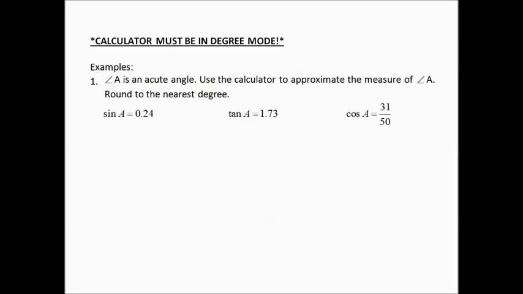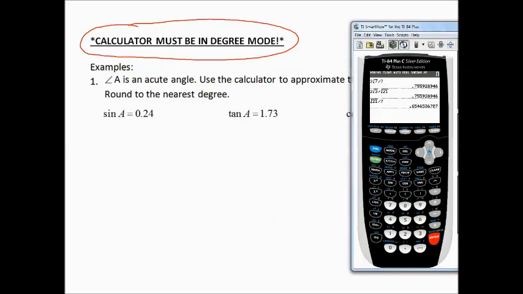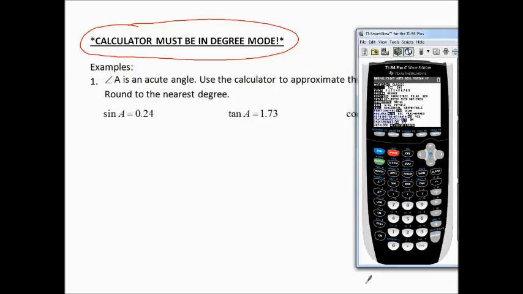Since we're going to be typing in our calculator, it's very important that our calculator is in degree mode. What does that mean? Let's go look at our calculator and find the mode button. If we look at this list of things that's here, you can see about 4 rows down, it says radian, and next to it, it says degree.